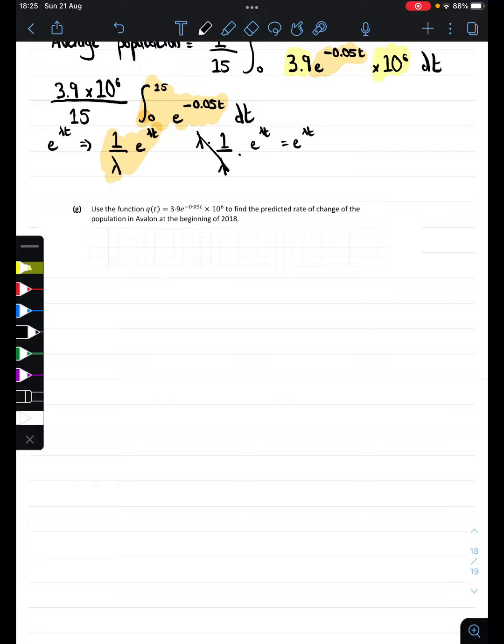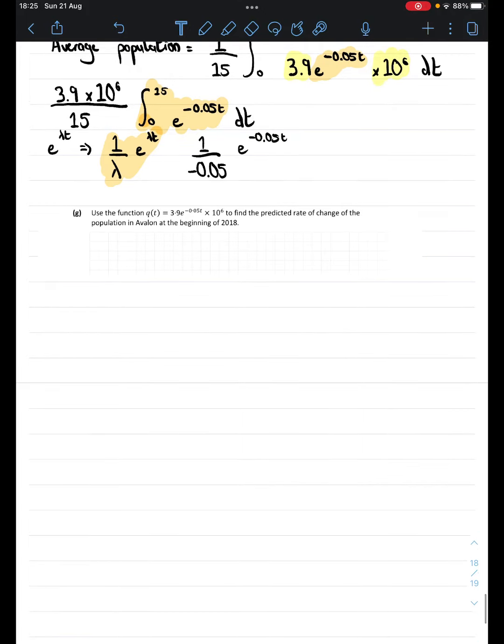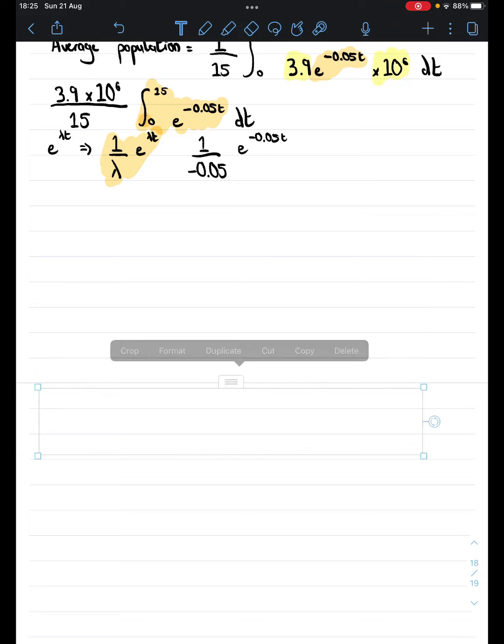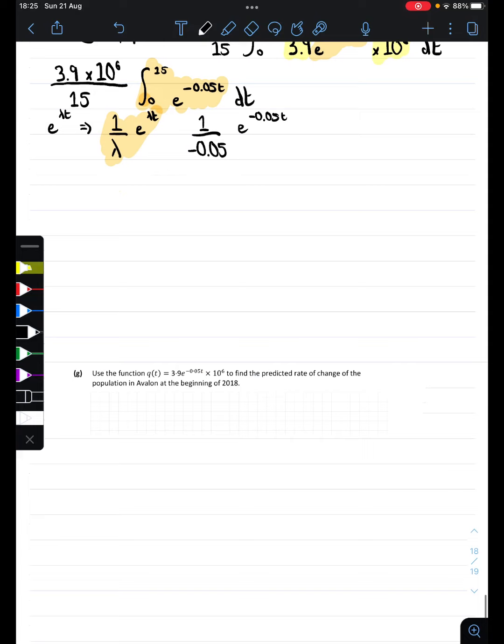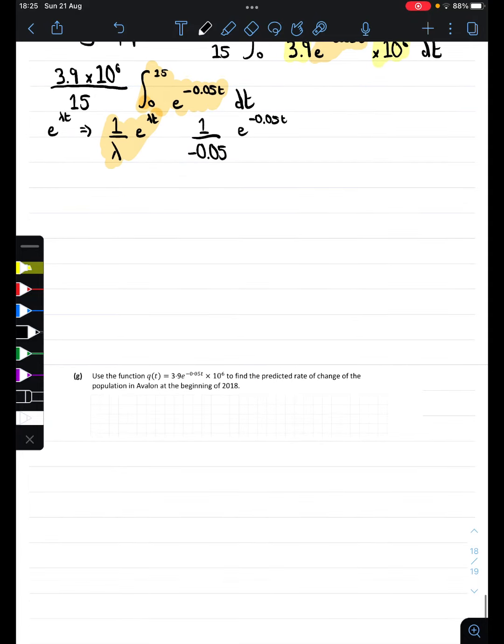So that's sort of how to make sense that this would be the formula for the integral of e to some constant times t. So in this case, we get 1 over minus 0.05 e to the minus 0.05 t. Just make some space. Okay, so 1 over minus 0.05 is just minus 20.